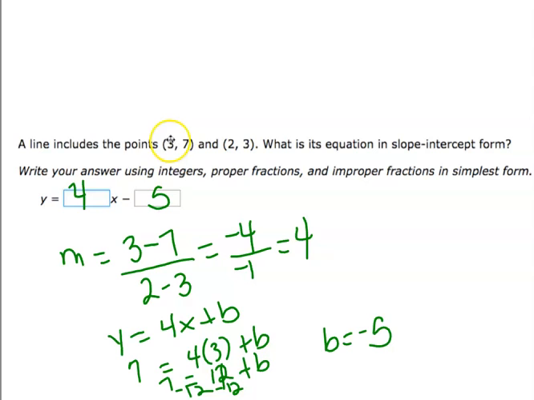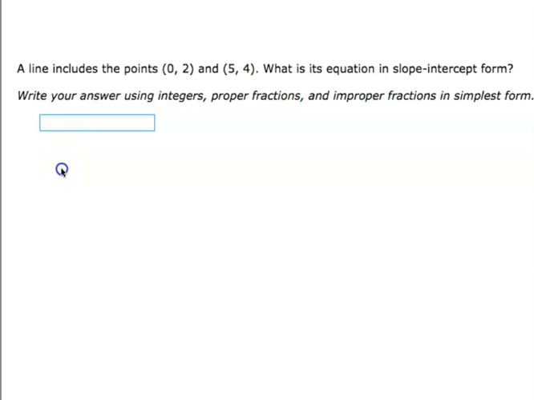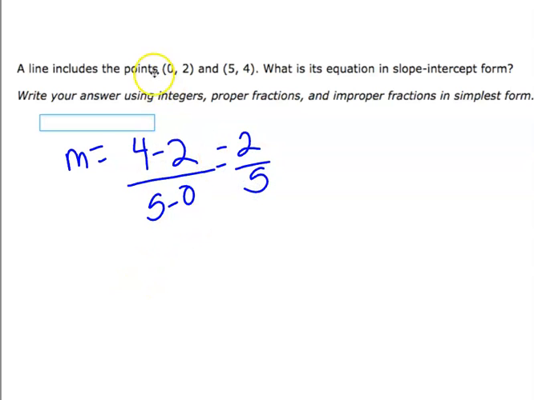So if x is 0, we have 2/5 of 0 plus b has to equal 2. So 0 plus b equals 2. I know b is 2. So I get y equals 2/5 x plus 2. Okay, this is what we did last week. Find the slope first and then use either point to find the y-intercept.